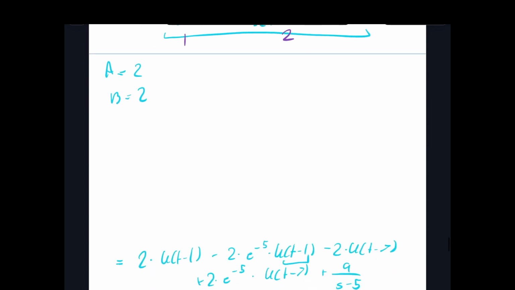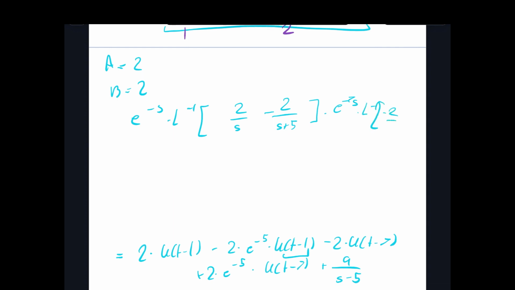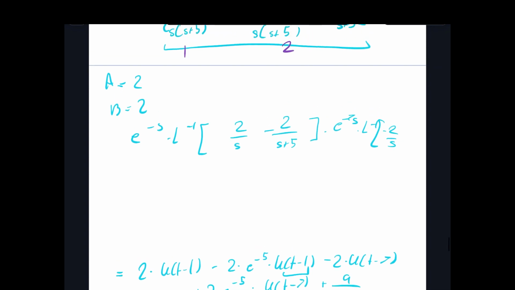Now after I do that, I get e to the negative s times the inverse of 2 over s minus 2 over s plus 5, minus e to negative 7s times the inverse of negative 2 over s. Sorry, they can't be the same.